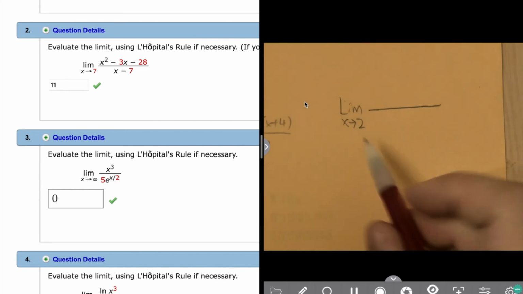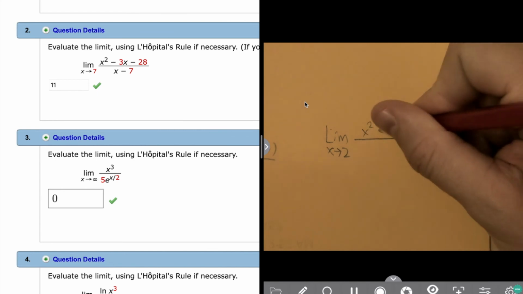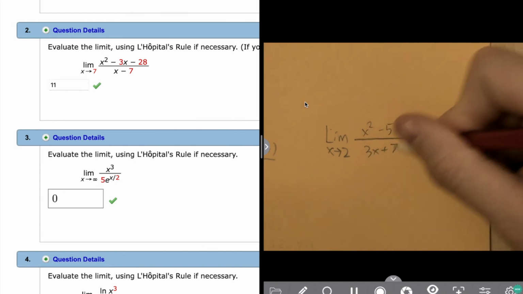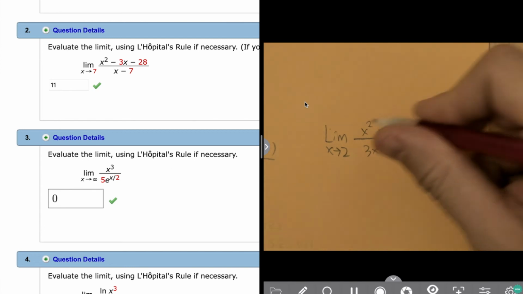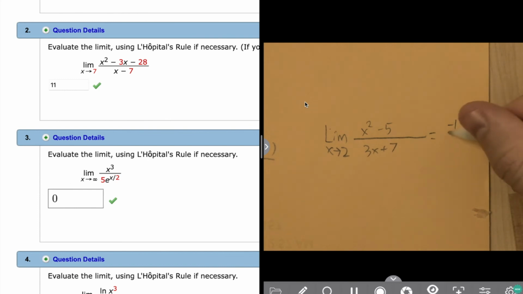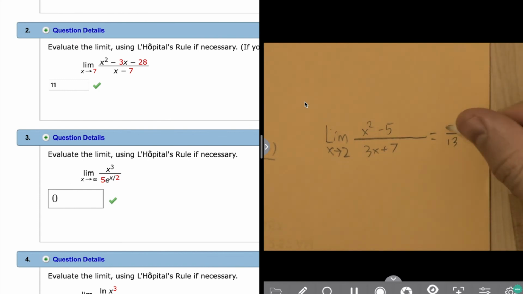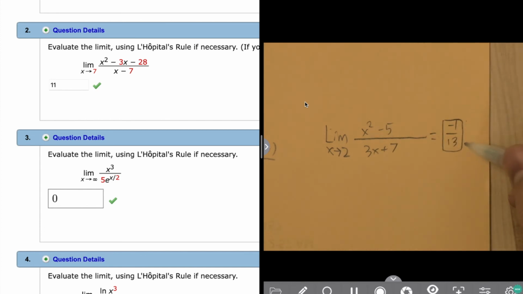So it's not the 2 that's going to cause the issue. It's something else. Let's say I had x squared minus 5 over 3x plus 7. So if I do direct substitution here, I would actually get negative 1 over, let's see here, 6 plus 7 is 13. Now that is my limit because by direct substitution I get an answer.